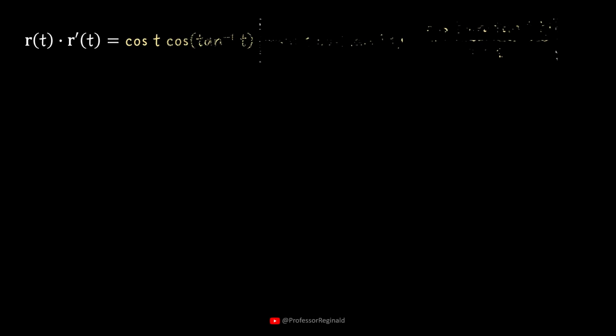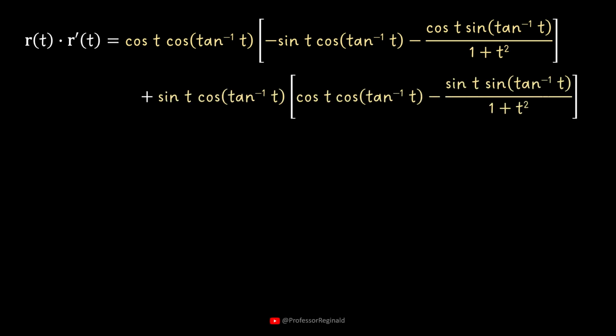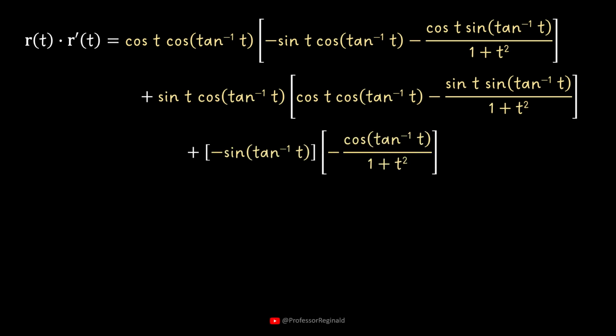Afterwards, take the dot product of the two vector-valued functions. Multiply the factors on each term.